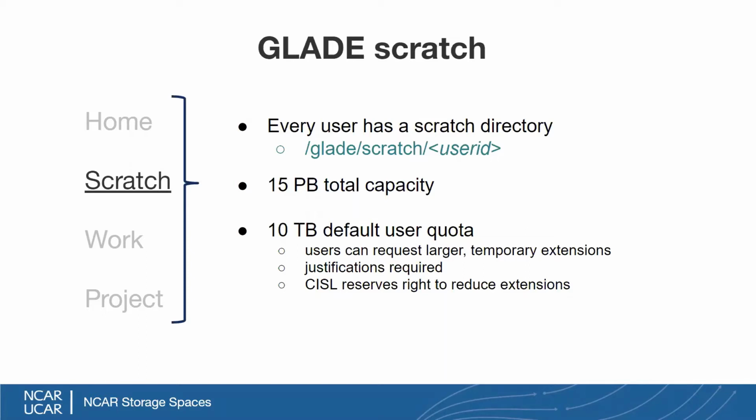Something important to remember is that CISL reserves the right to reduce those extensions, but that will only happen if we start running out of space. We believe we're managing the space pretty effectively right now, and we don't anticipate that happening.